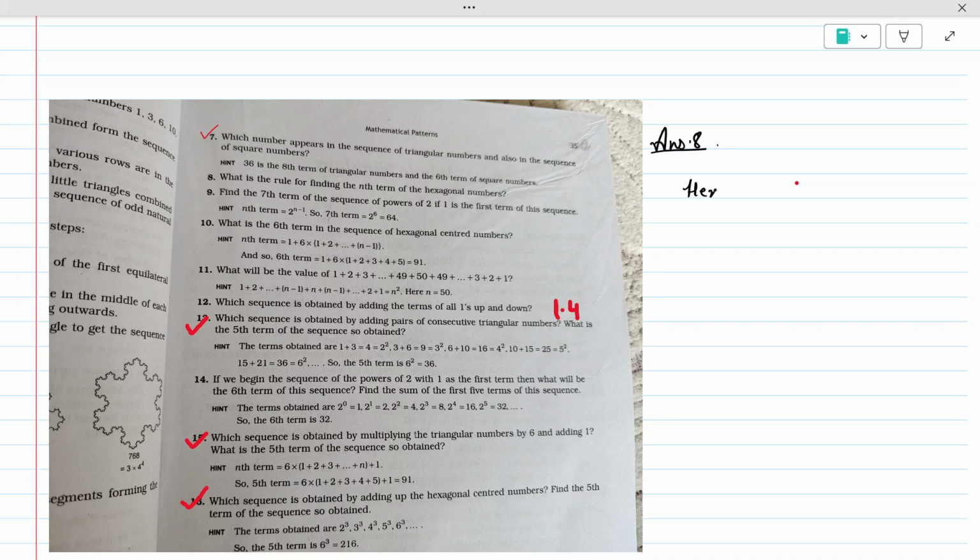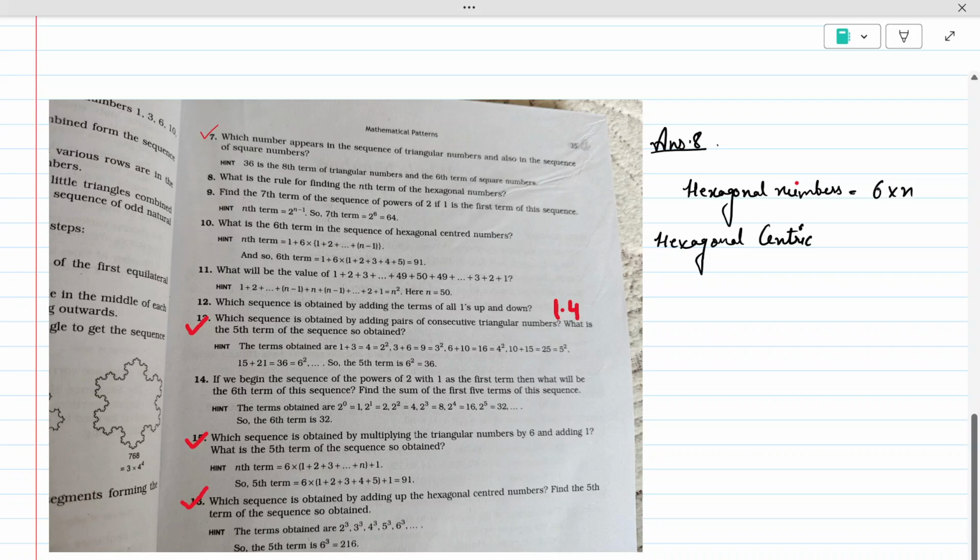Hexagonal numbers are, we have two types of numbers, hexagonal numbers, which are 6 multiplied by n, where n is 1, 2, 3, 4 and so on. And next we have hexagonal centric numbers, which we have done in NCERT. Your NCERT doesn't contain hexagonal numbers. It is 6 multiplied by n.